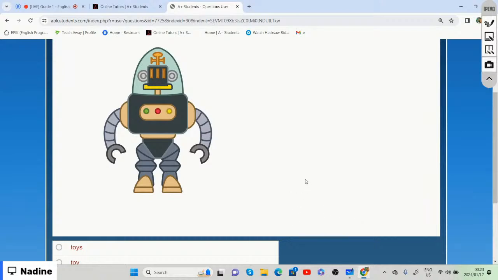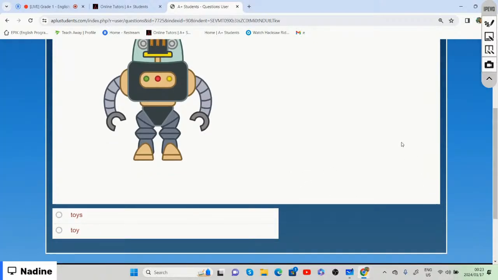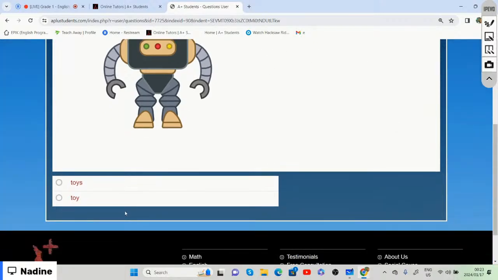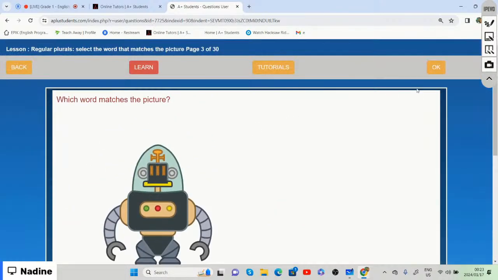So we have 1, do we say 1 toys or 1 toy without the S? All right, so we only see one, which means that we will choose the second one, which is toy. So it's one toy.